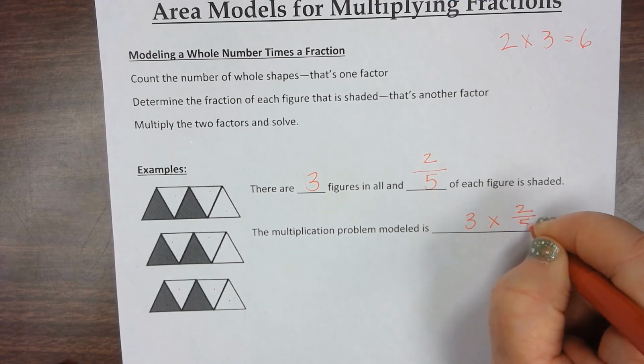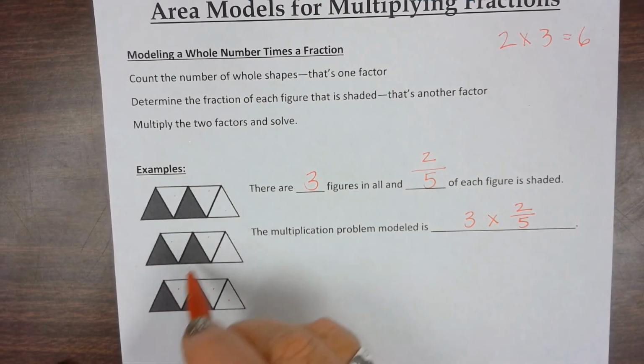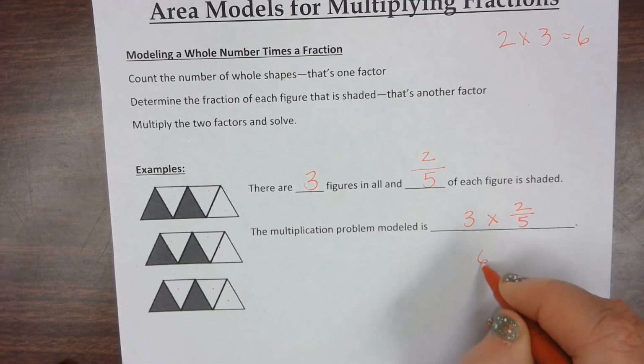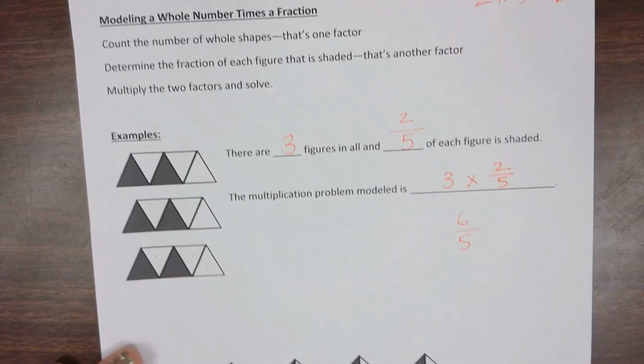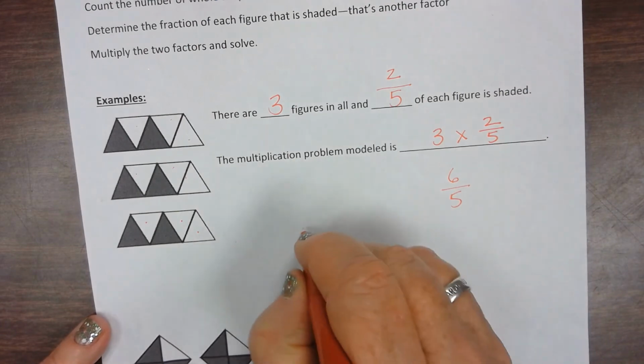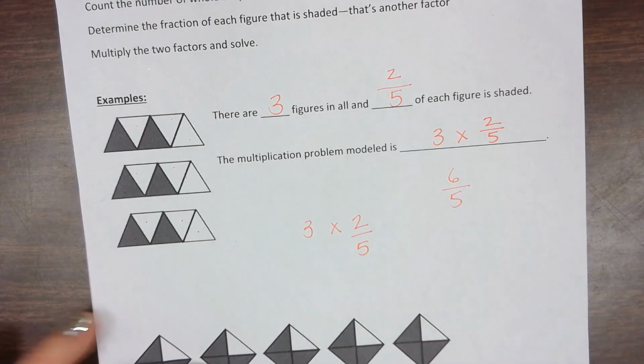Okay? So I can do 2 things. I can count them. 1, 2, 3, 4, 5, 6. I have 6/5 shaded. Or let me show you the math way to do it. This is the 6th grade way to do it. I can't multiply 3 times this. You have to multiply a fraction times a fraction.